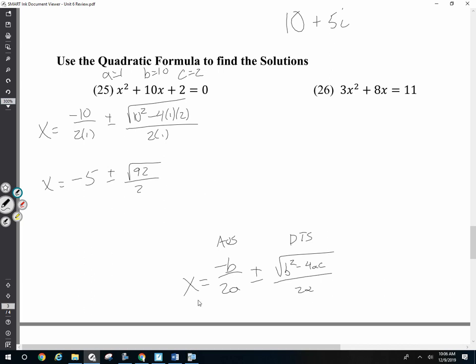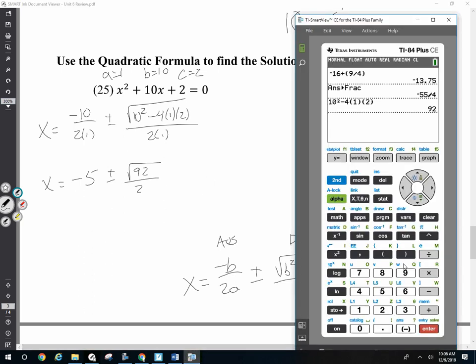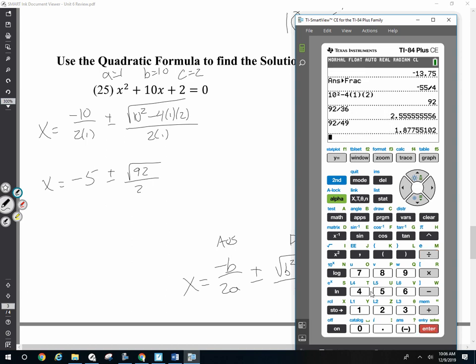Divided by 2. Now, if 92 can be simplified, we're done. If 92 can't be simplified, we're done. I'm going to try dividing by some perfect squares. 23 and 4. Okay, sure. Maybe we just simplify.